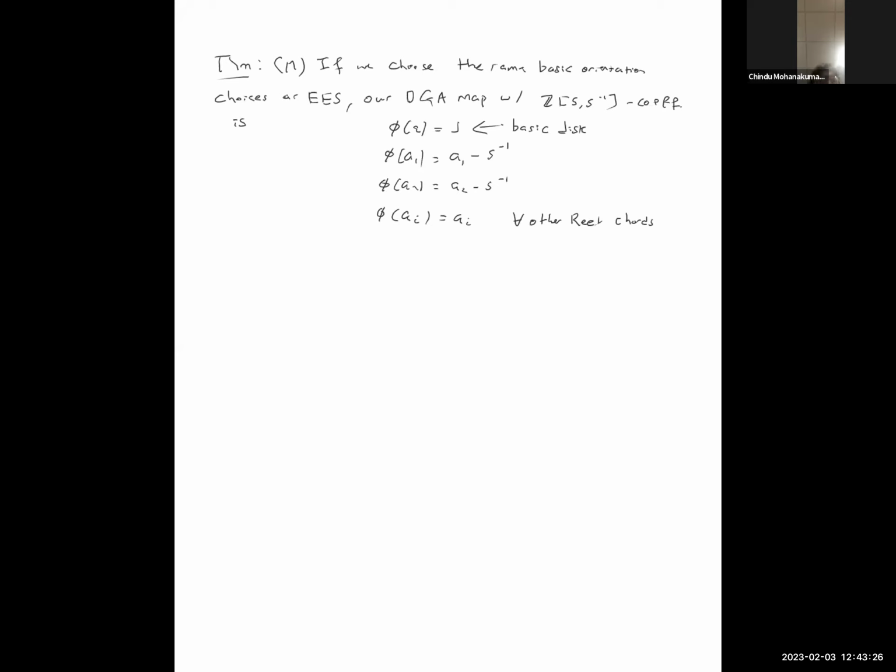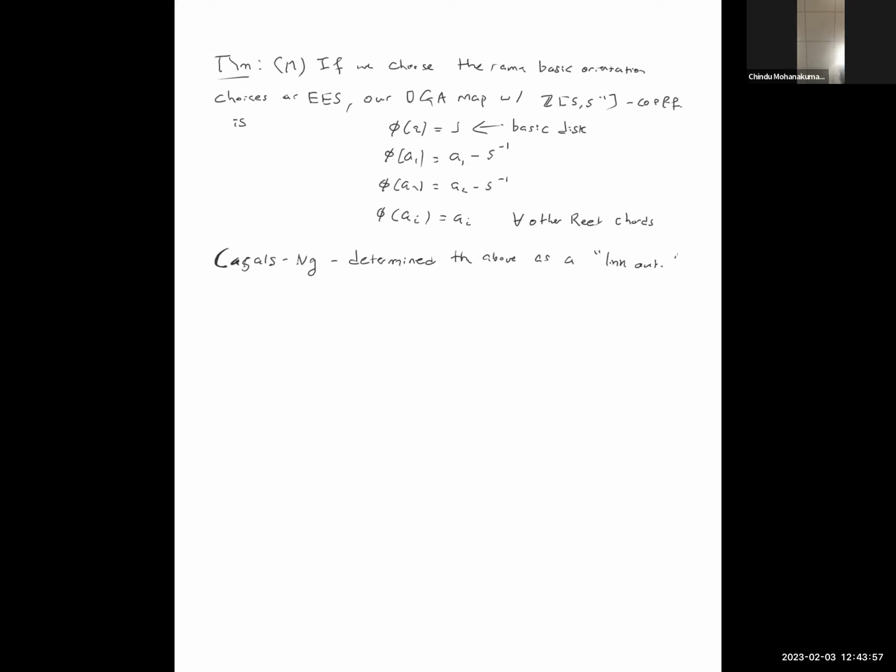Maybe I'll give you a little bit of history before this. So Casals and Ng, the paper I mentioned earlier, determined the above as a certain type. I won't tell you what this is, but as a link automorphism class.